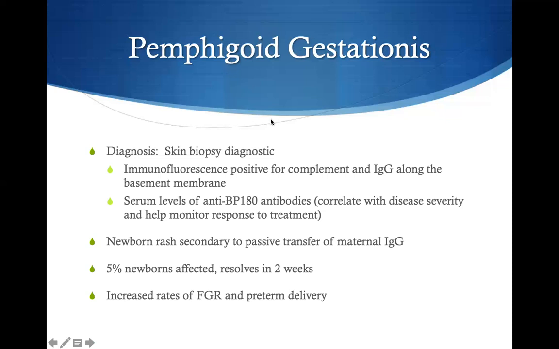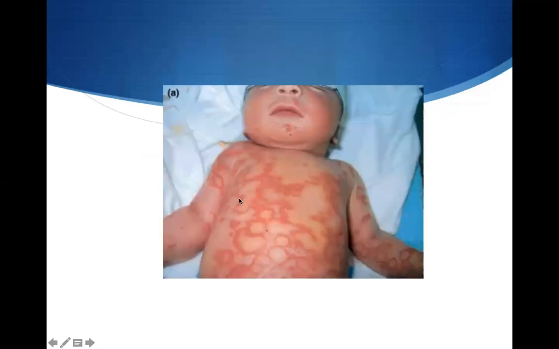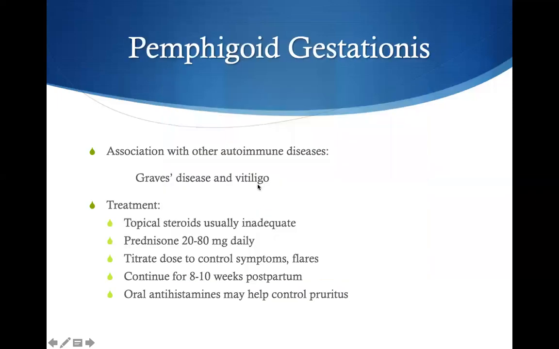There's an increased finding of fetal growth restriction and also of preterm delivery. It's unclear whether stillbirths are increased. Some series say yes, others no. So it's not clear whether fetal monitoring is mandatory or helpful. Next slide. That's just an example of how striking the newborn rash can be.